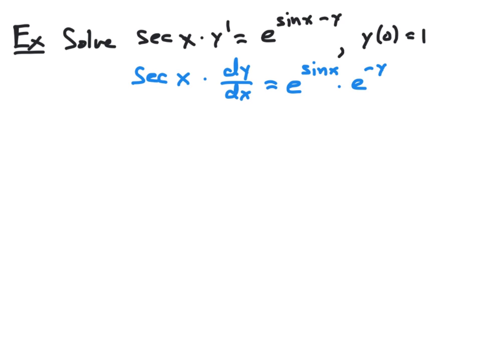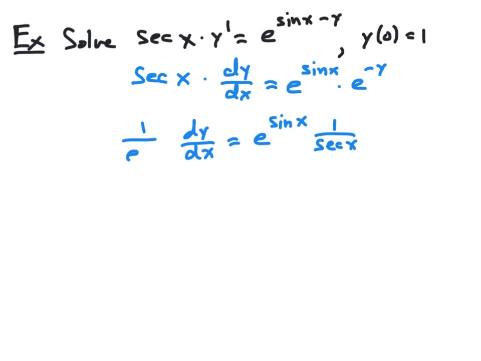We need to do a little bit more bookkeeping. We need to, for example, move the secant of x to the other side. And so we can do that by dividing both sides by the secant. And so we're going to have e to the sine of x multiplied by 1 over the secant of x. And then e to the negative y, we can move again to the other side by dividing by it.